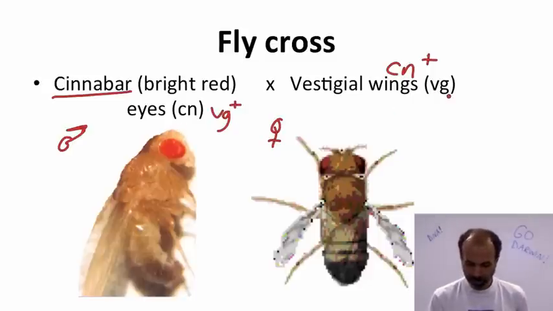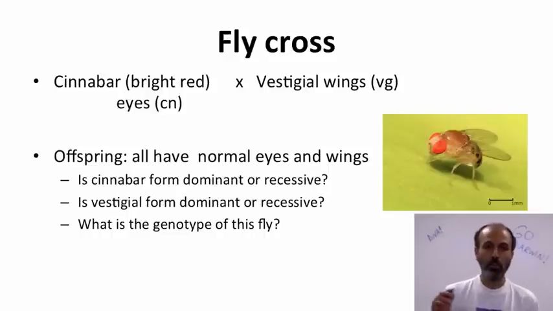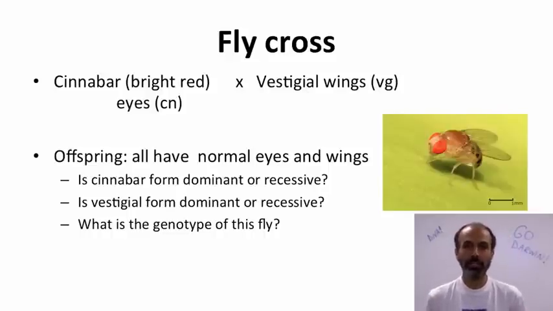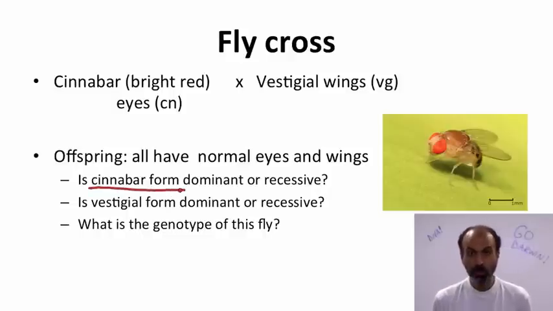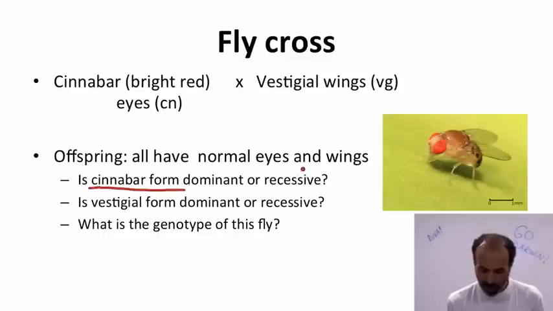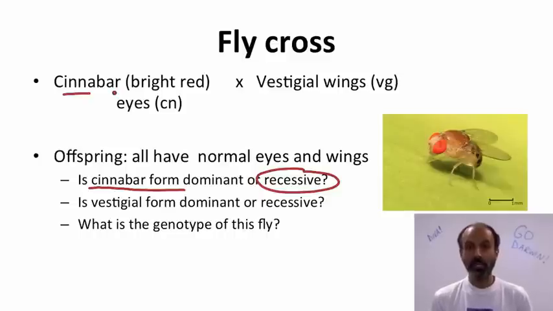Now, we cross these and the offspring all have normal eyes and normal wings. So what can we infer from this? Well, we can infer quite a bit. First, is the cinnabar, the bright red eye form, mutation dominant or recessive? In this case, we know the mutation has to be recessive, because we crossed a fly that was cinnabar to a fly with normal eyes, and in the end, the flies all had normal eyes.